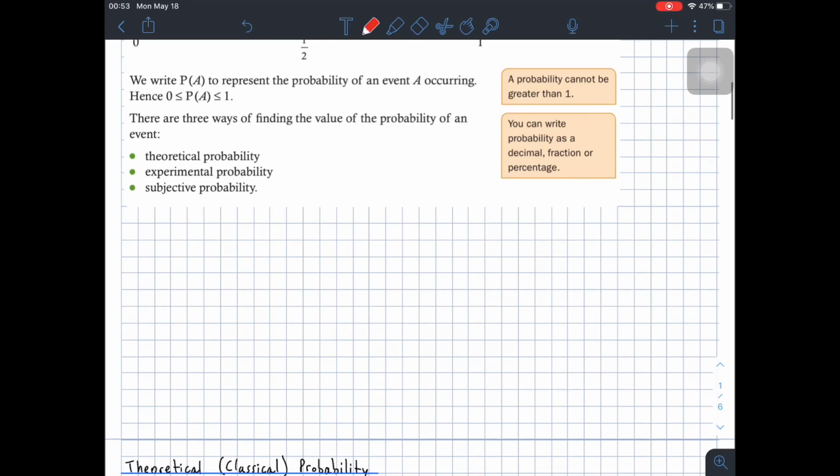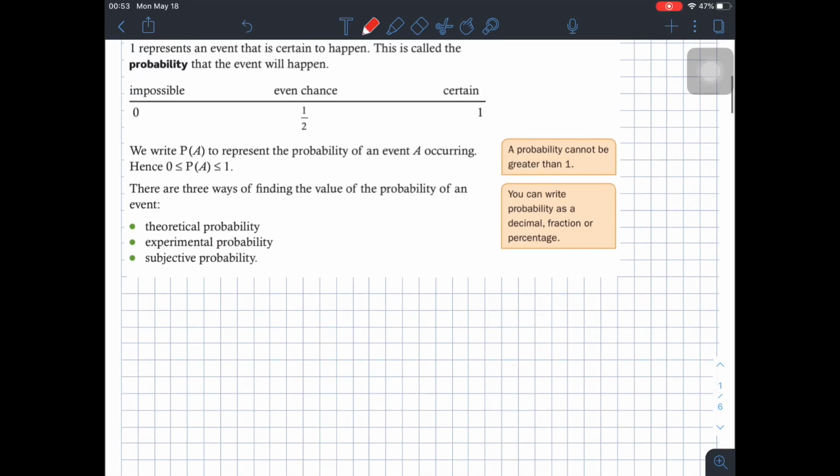Then it says, you can write probability as a decimal, fraction, or percentage, right? In this case, for example, the 1/2, we could also write it as 0.5, or we could also say this is 50%. Either way, as a fraction, as a decimal, or as a percentage, all of the results are correct, okay?